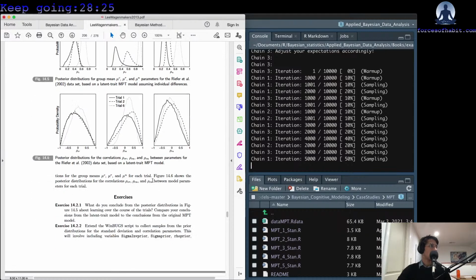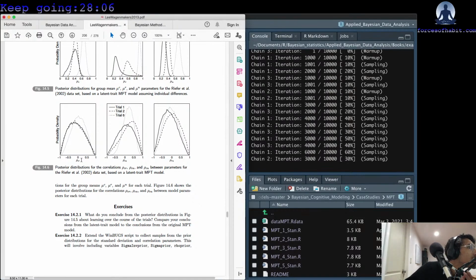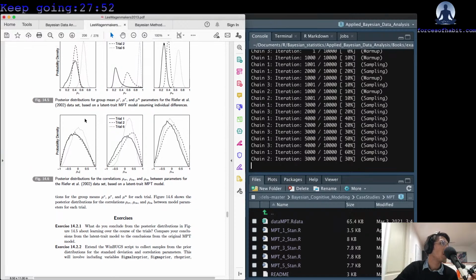Okay. And here are the correlations. Here are the correlations between C and R, which look like they're pretty centralized around 0, although for the third case, they increase slightly.